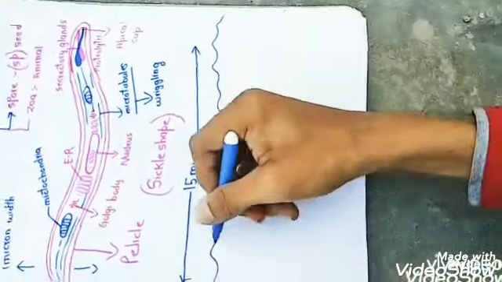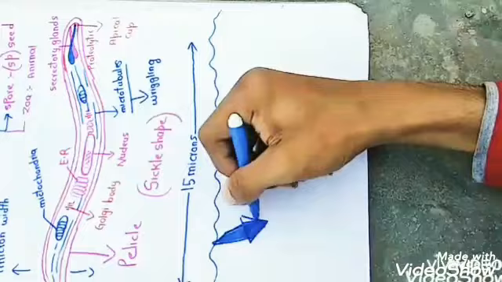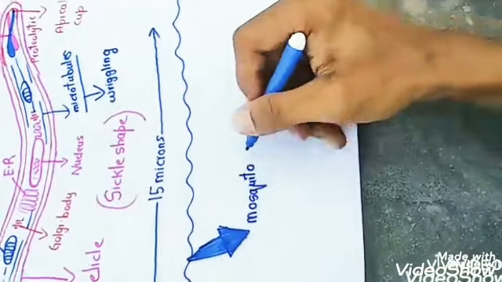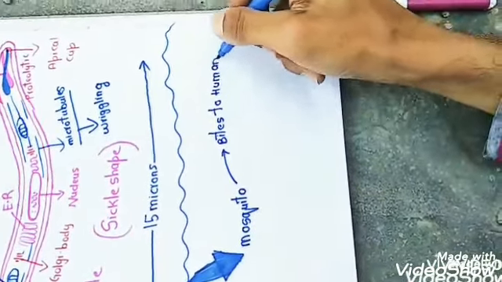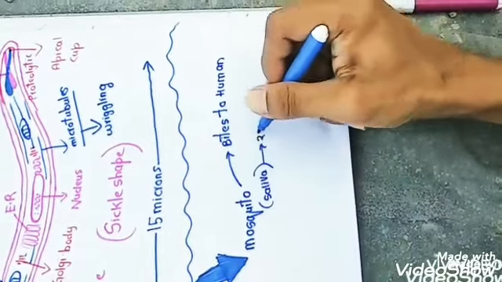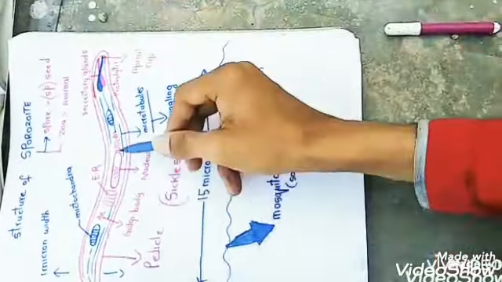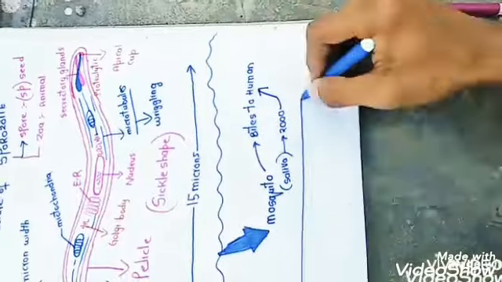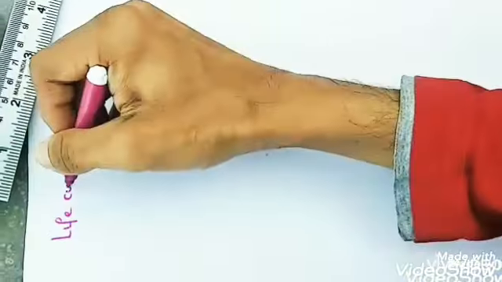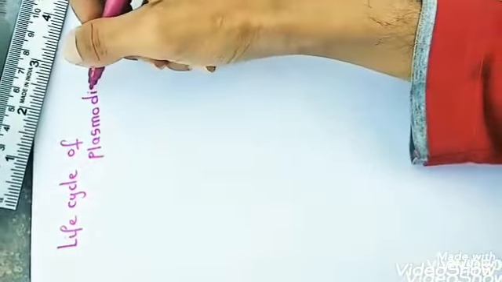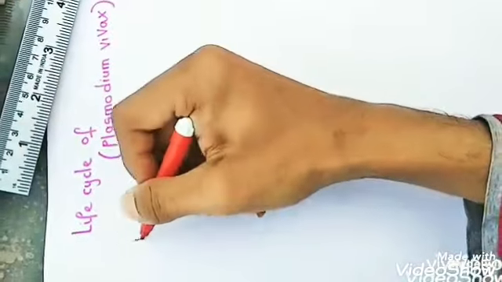So that's how the sporozoite looks. When such sporozoites are in mosquito saliva and it bites us, nearly 2,000 of them can enter our bloodstream and cause malaria. Let us see the life cycle of Plasmodium vivax in detail.